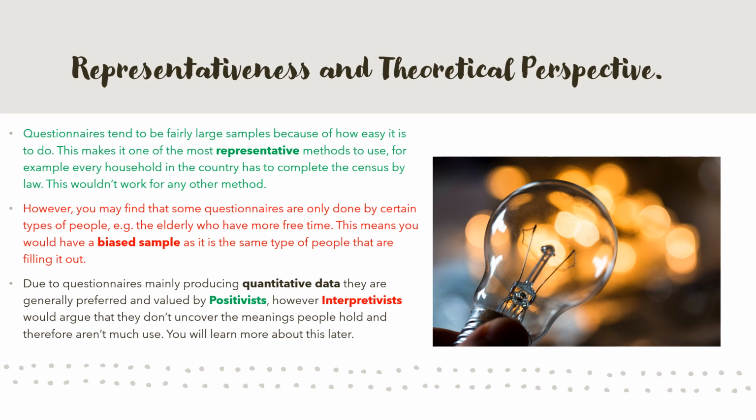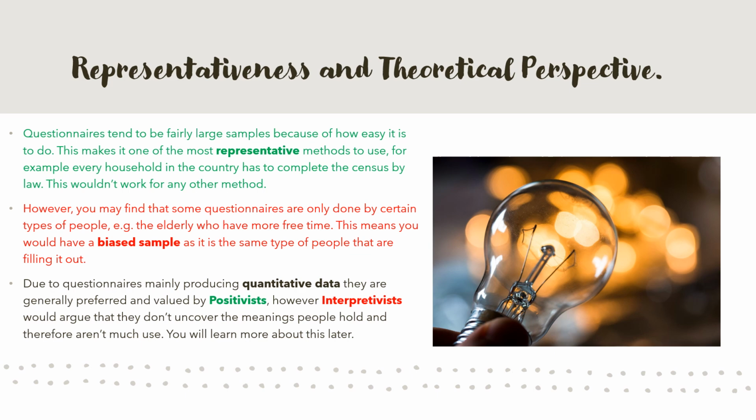Whereas people who aren't really busy with work or kids or whatever might have more time to complete these questionnaires. So you end up with what's called a biased sample. You might have a large sample, but if it's all made up of the same type of people, it's a biased sample and less representative, because you're not getting all the different viewpoints that exist in the population.